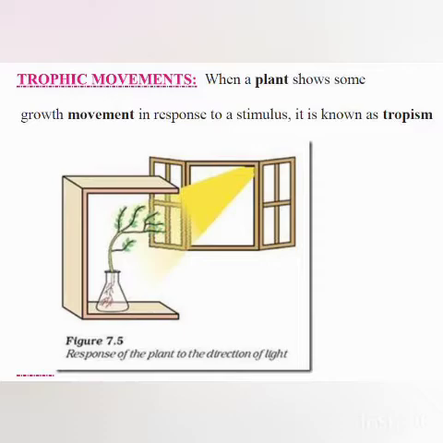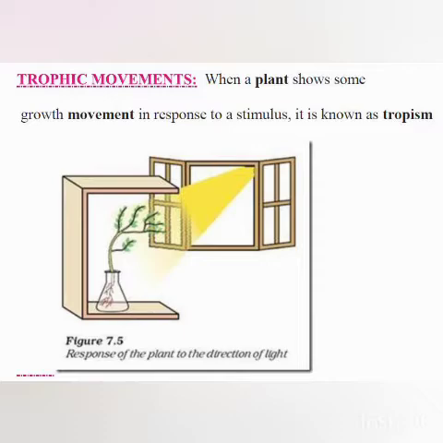Keep it in a cardboard box which is open from one side in such a manner that the open side of the box faces light coming from the window, and the other side is covered. Why it is covered? I will tell you later on. Now keep it like this for 2-3 days and observe the seedlings and record your observations.